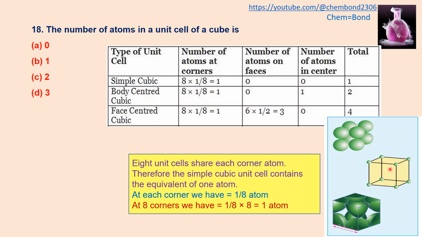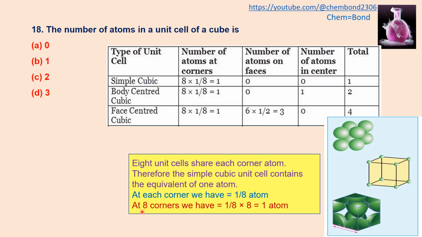But each corner is shared by 8 unit cells, which means each corner has not 1 atom but 1 by 8 atom. These are 1 by 8 atoms, not 8 atoms, because each is shared by 8 unit cells.